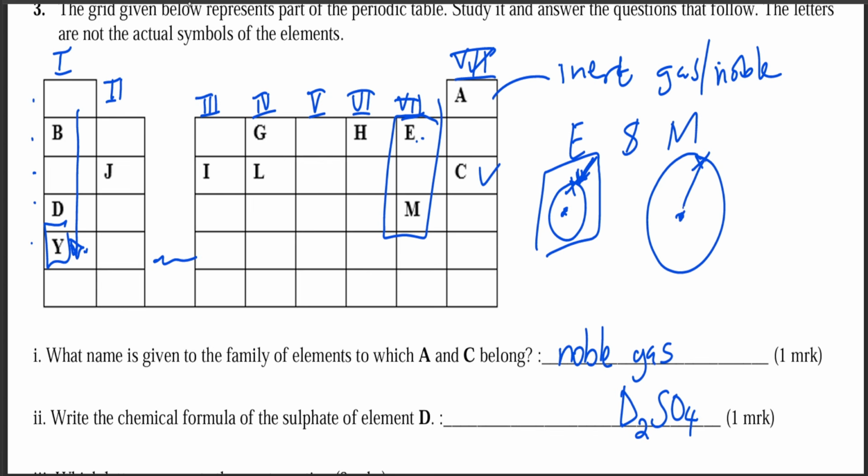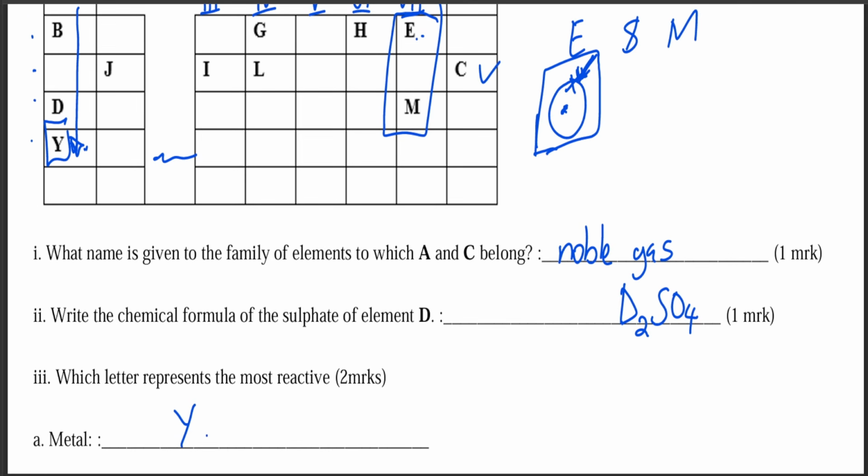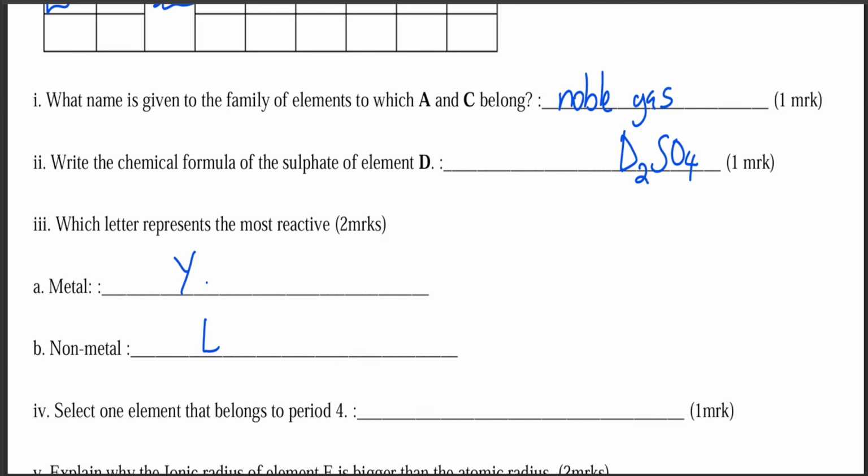Lakini hii ambayo ni kubwa, the distance is larger na iko mbali na nucleus, hata ile incoming electron ikiingia na kuna electrons nyingine hapa ndani, ita repel ile incoming electron and it is going to be less reactive. So again, reactivity in terms of gaining electron ni ile ambayo iko na small atomic radius. Ile ambayo ni ndogo is more reactive, and therefore E is the one which is most reactive.